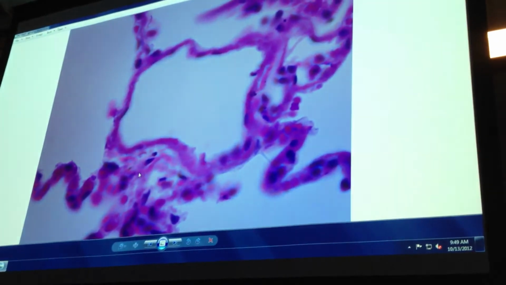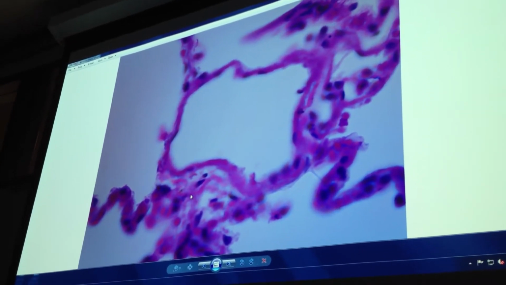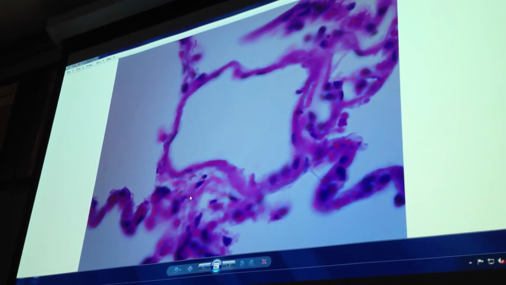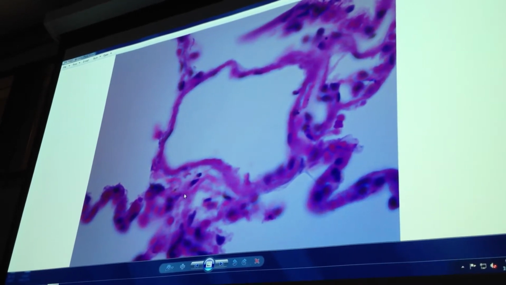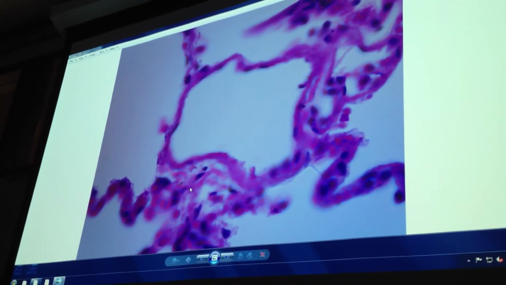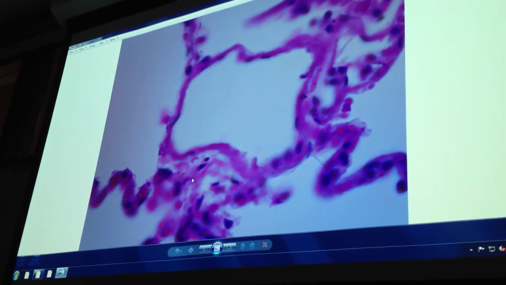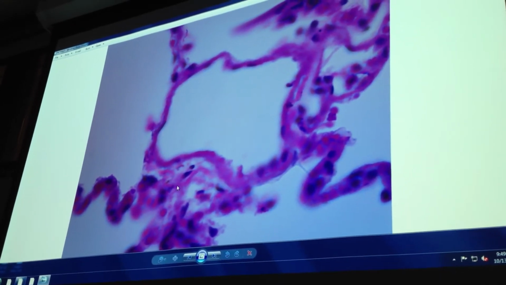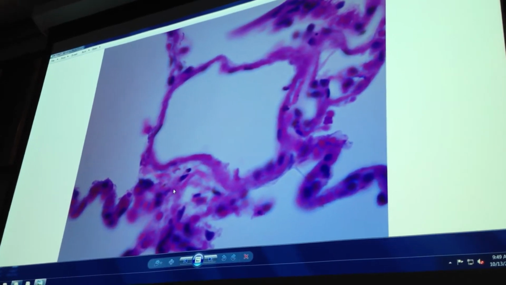While you're sitting here, your diaphragm contracts, air comes in, and the alveoli expand. When your diaphragm relaxes, how do you get air out? Those elastic fibers push air out. You only use your muscles in forced expiration.